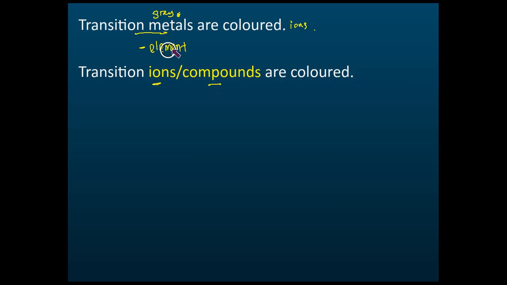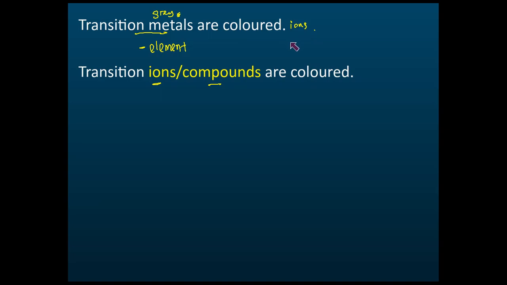Transition elements have colored ions, and that is okay. So always remember, for transition metals it is the ions or compounds that have color, but not the transition metals or transition elements. The transition metals and transition elements are just gray in color.